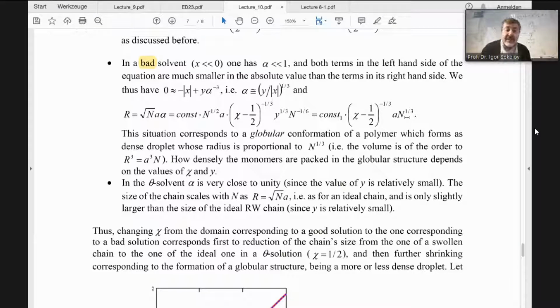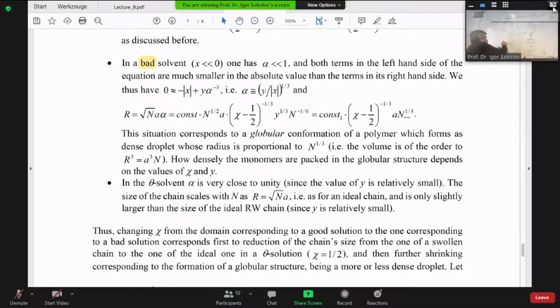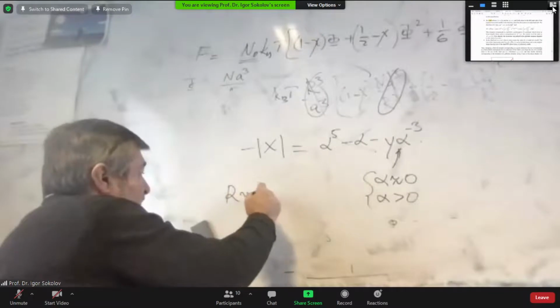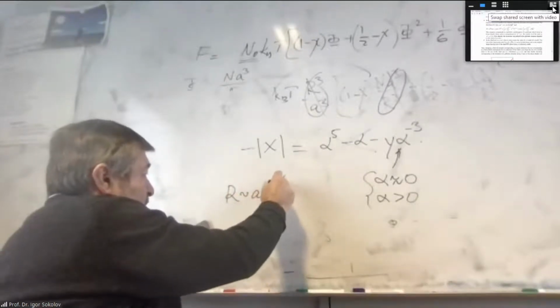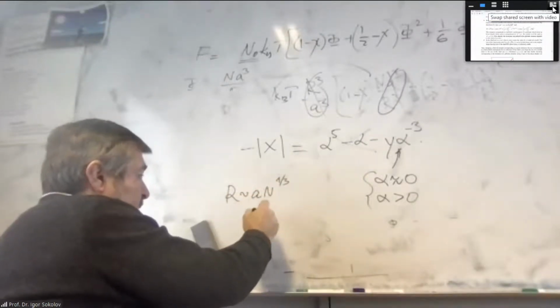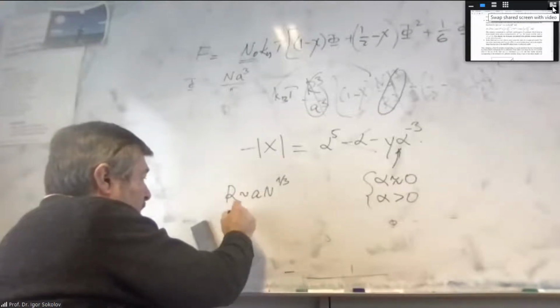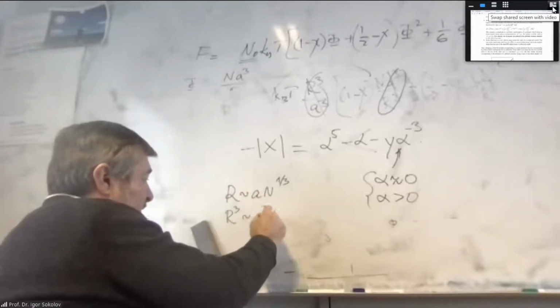Now what does it mean? What is r going as n to the power of 1/3? This means essentially that r cubed goes as n.